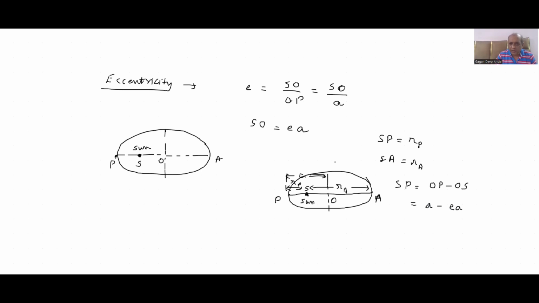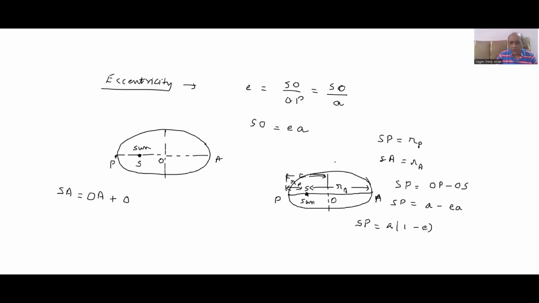Okay, or we can also say that SP is equal to, we can take A common, it becomes 1 minus E. So SP is equal to A into 1 minus E. Okay. And if we look at SA, SA is equal to OA plus OS.